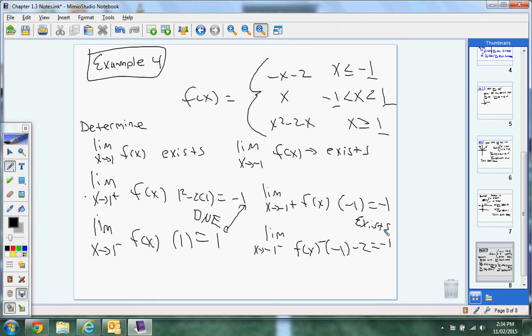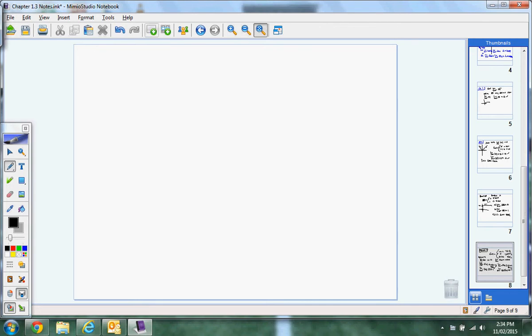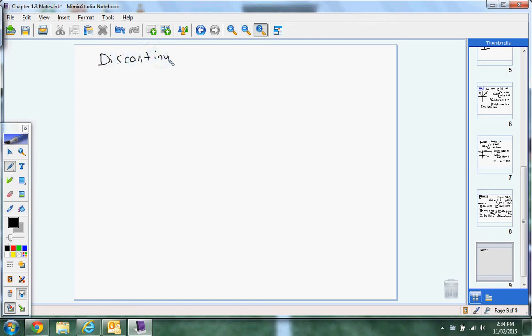All right, so let's get to the next page here. Discontinuous. We already talked about this enough, but I think I spelled that right.